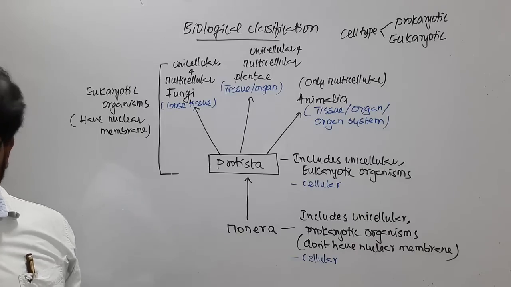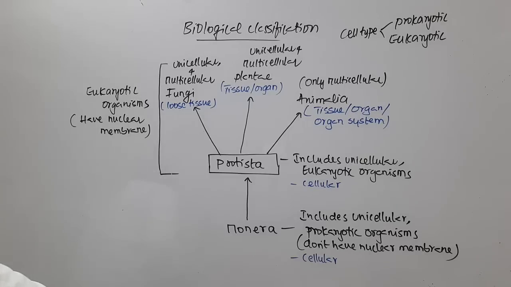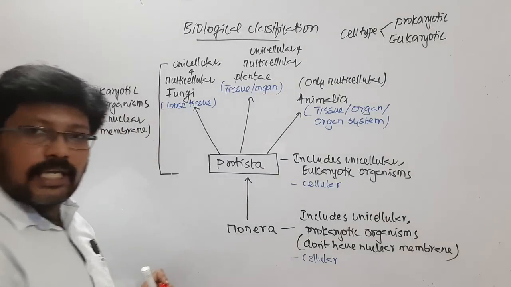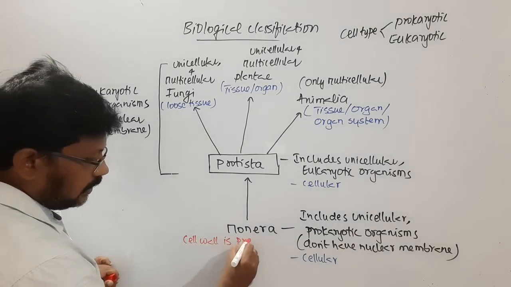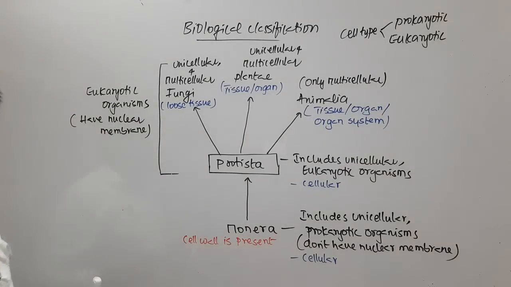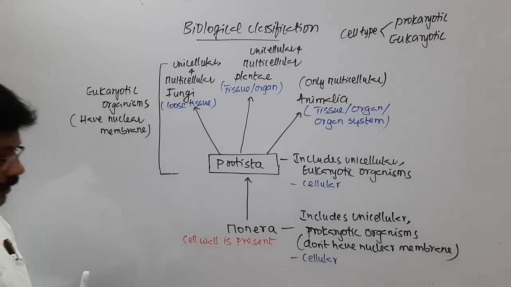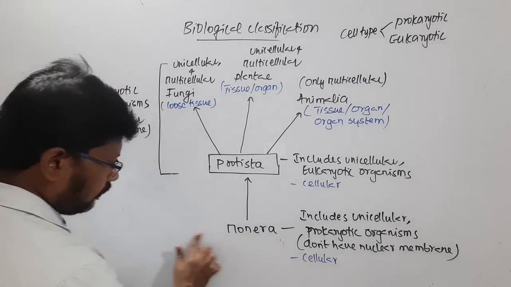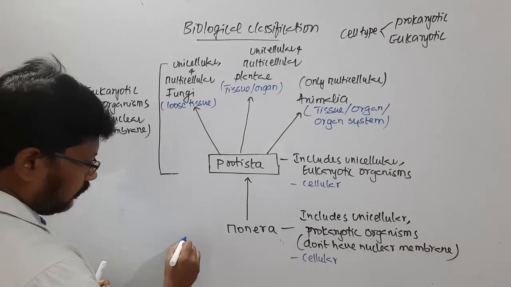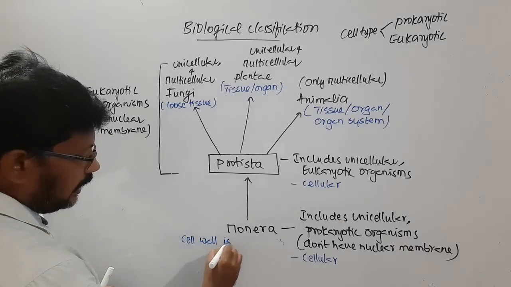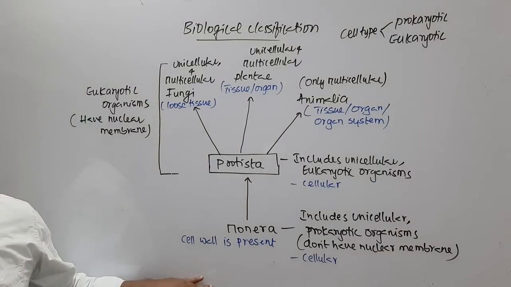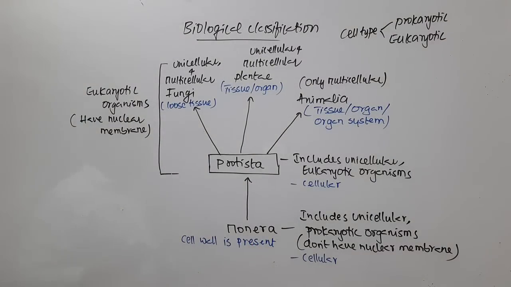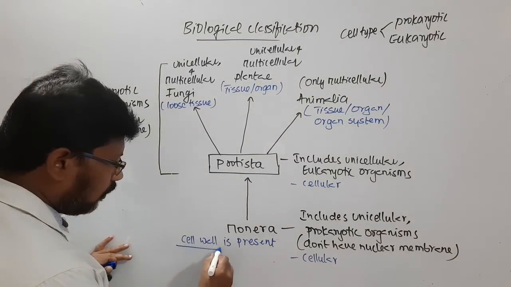Next, coming to the cell wall. In the case of Monera, a cell wall is present. And this cell wall in Monera is non-cellulosic.